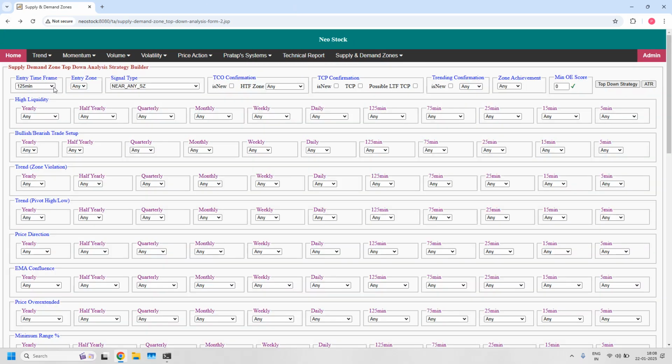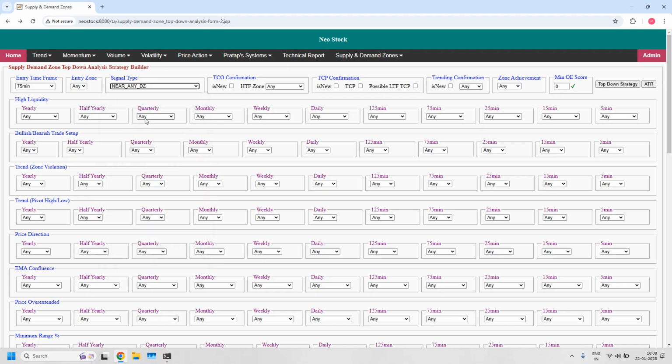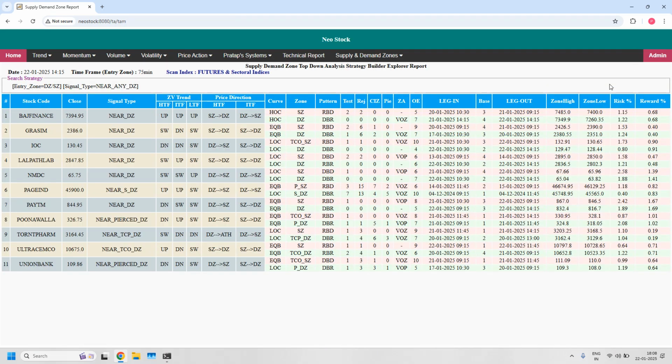Okay, next time frame is 75 minutes. Stocks near 75 minutes demand zone. We got 11 stocks. Let us identify high liquidity zones from this list.